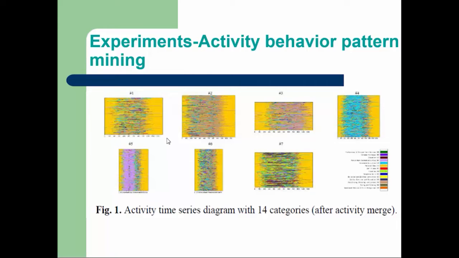The x-axis is time from 4 a.m. to 4 a.m. in the next day, and the y-axis is the number of individuals. It can be seen that different clusters show obvious characteristics. 1.